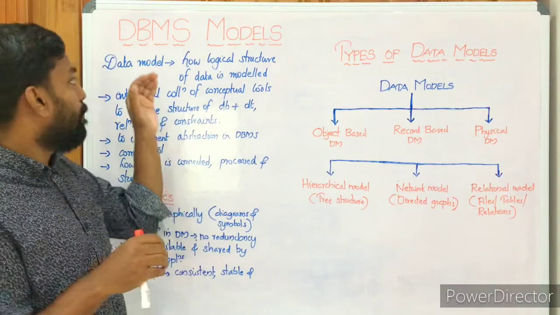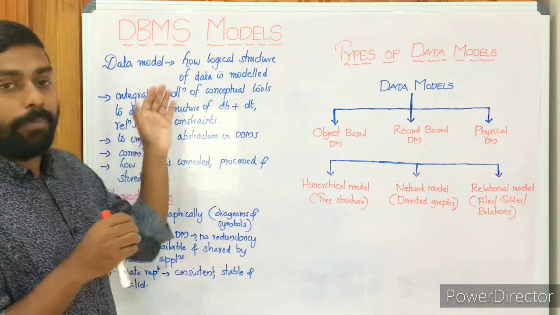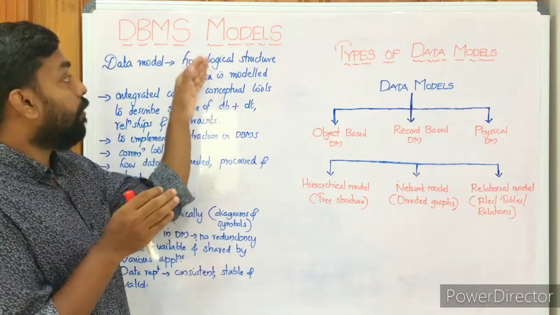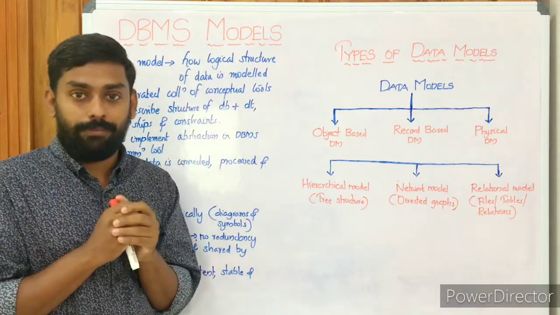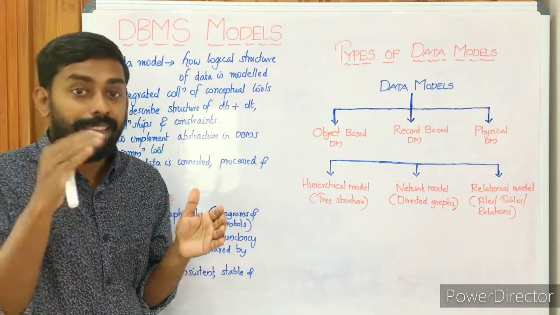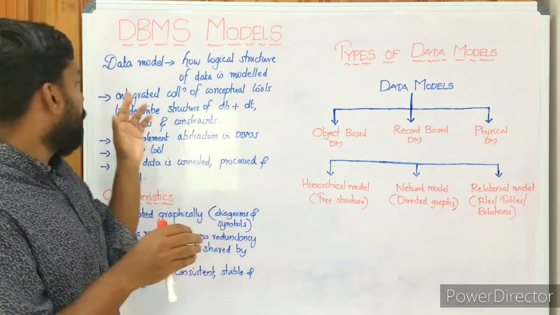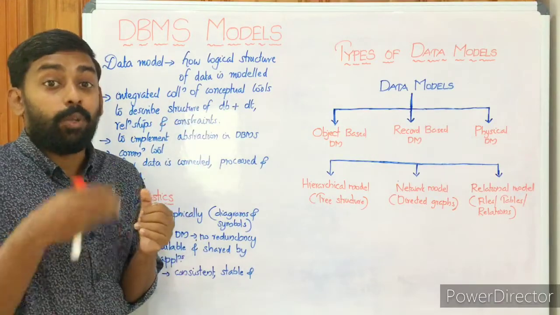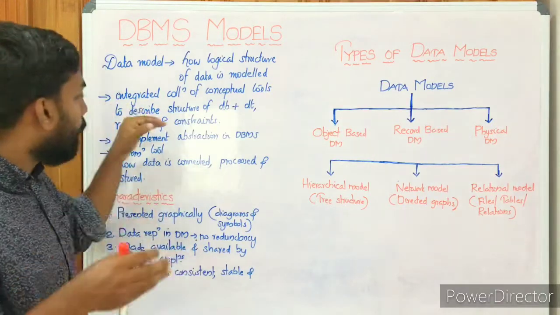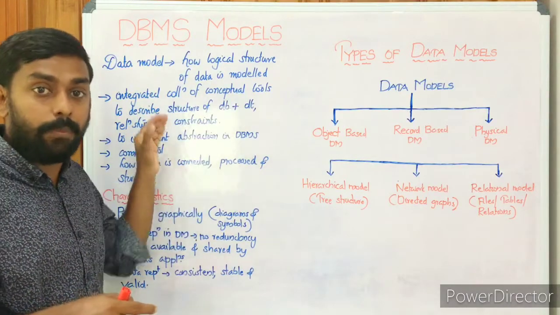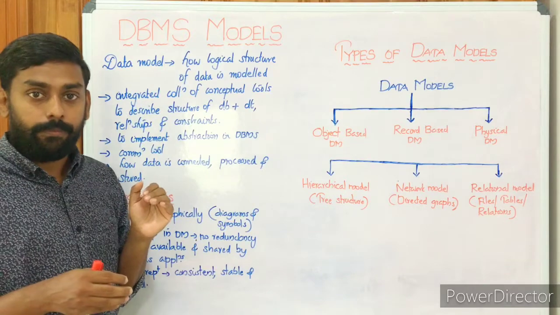A data model defines how the logical structure of data is modeled in the database. Of course, it gives us an integrated collection of conceptual tools that describe the structure of the database along with the data types, relationships and constraints.